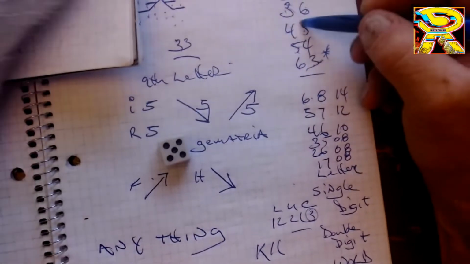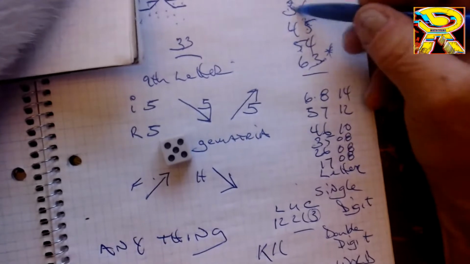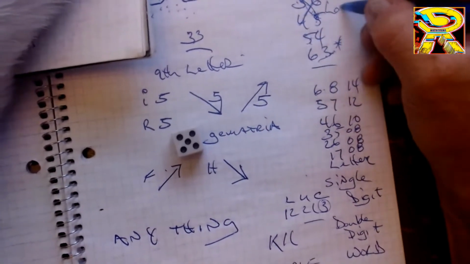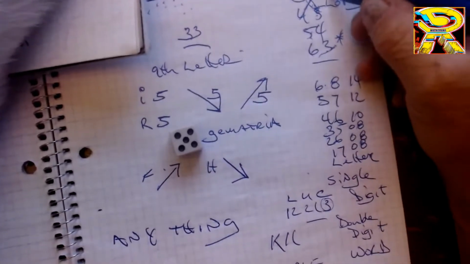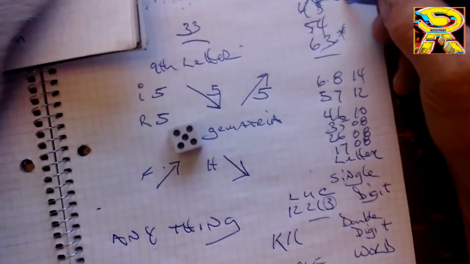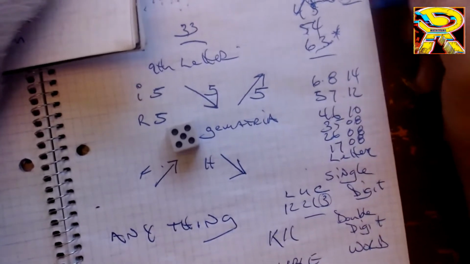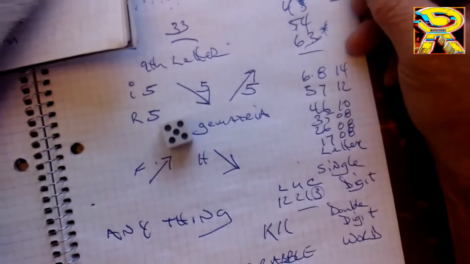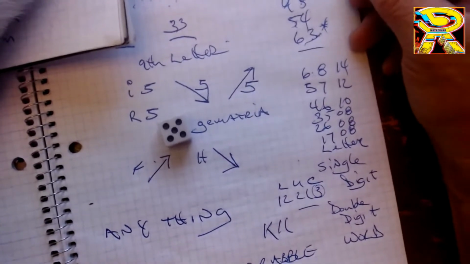3 and 5 would be coming here. 4 and 6, 3 and 5. This says love, right? 3, 6, 4, 5. The sun is your ve. Your 3, 6 is your dot in your line. It's your Morse code.